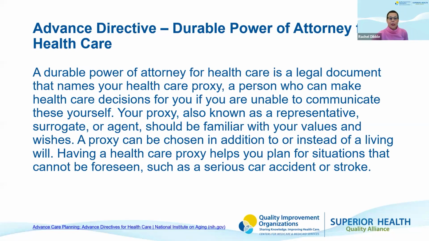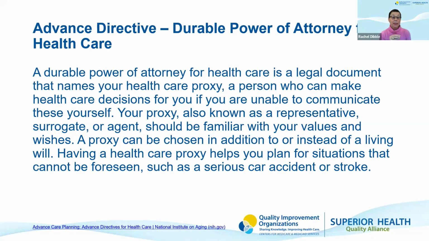The durable power of attorney for healthcare, and here's the actual definition. Durable power of attorney for healthcare is a legal document that names your healthcare proxy, a person who can make healthcare decisions for you if you are unable to communicate these yourself. Your proxy, also known as your representative or surrogate or agent or POA, if you would like, understands and is familiar with your values and wishes. A proxy can be chosen in addition to or instead of a living will.